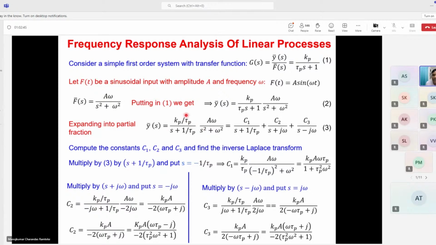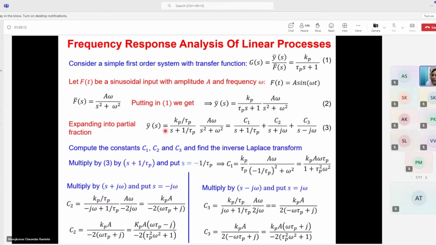So the only thing remaining on the left hand side will be Kp by tau p into A omega divided by s square plus omega square. And then we have to put s equals to minus 1 by tau p. So if we put that in terms of s, we can put minus 1 by tau p. So this is what we are going to get as c1. So c1 comes out to be directly Kp A omega tau p divided by 1 plus tau p square omega square. So c1 we have obtained.